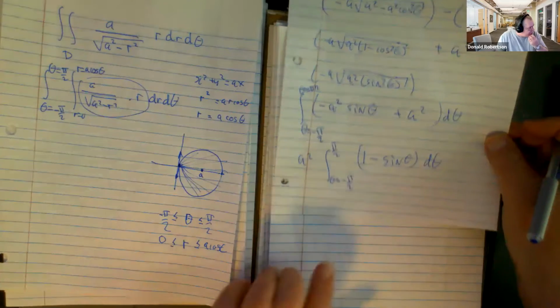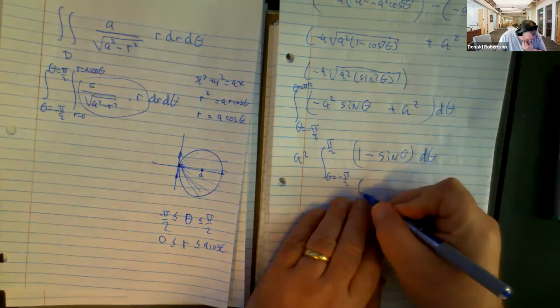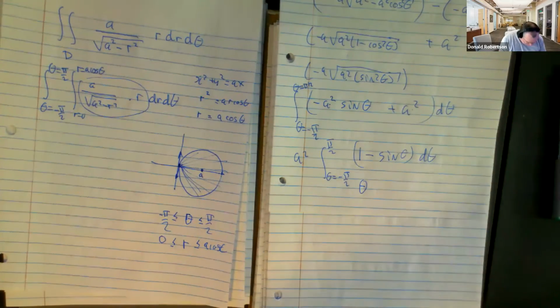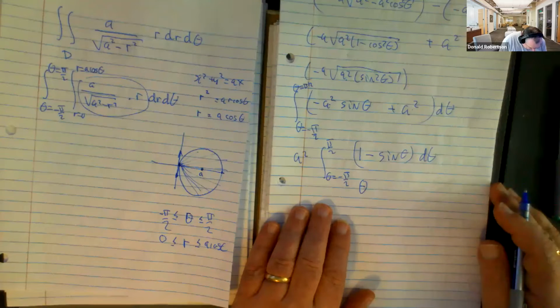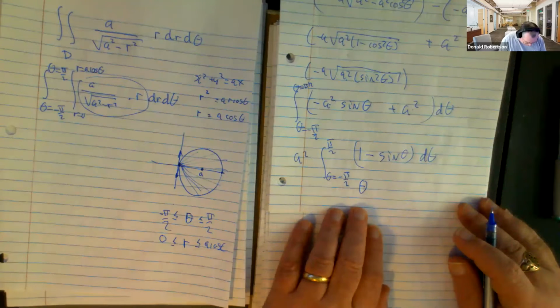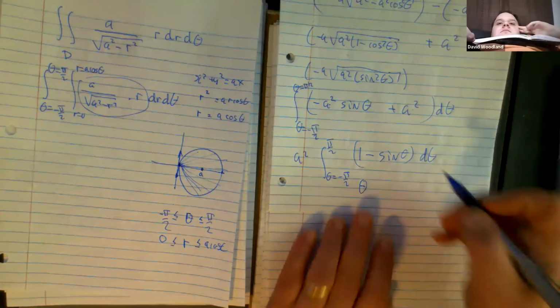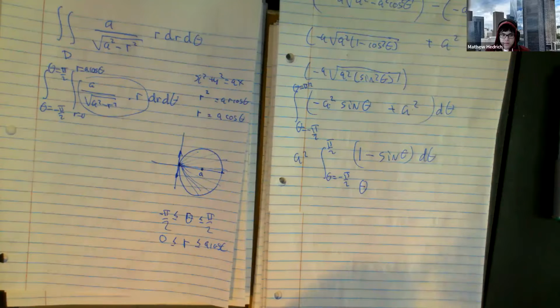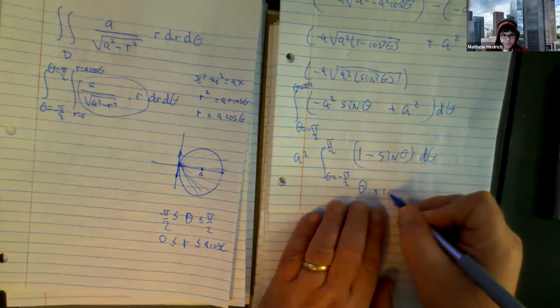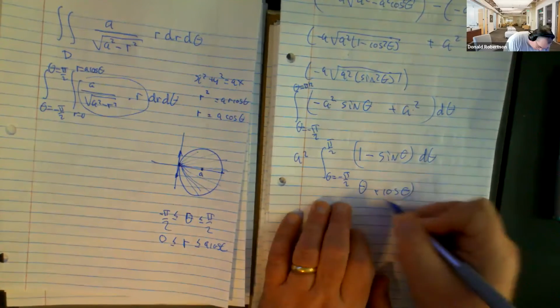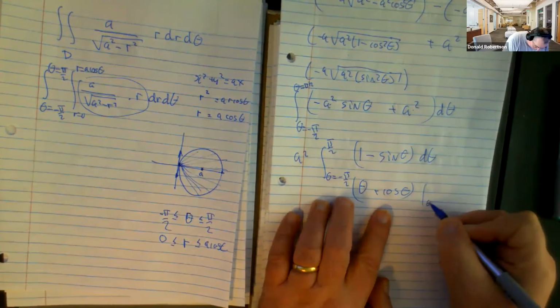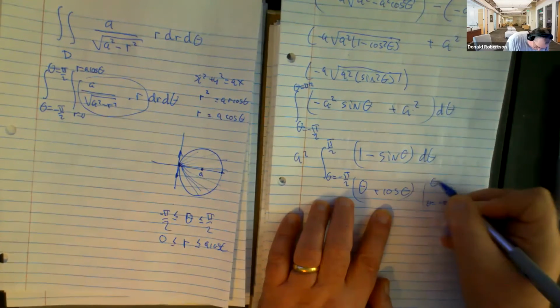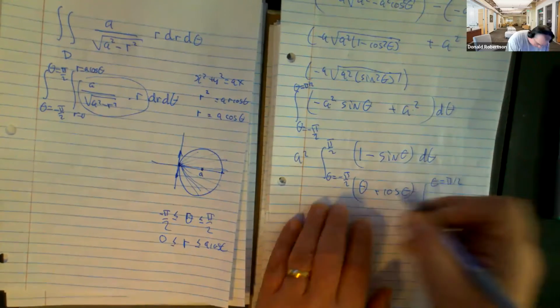What happens when you integrate a sine theta? Well, the sine theta itself becomes negative, and because it's already negative, it becomes positive cosine. And we're going to evaluate that from negative pi upon 2 to positive pi upon 2, and then remember there's an a squared out there.